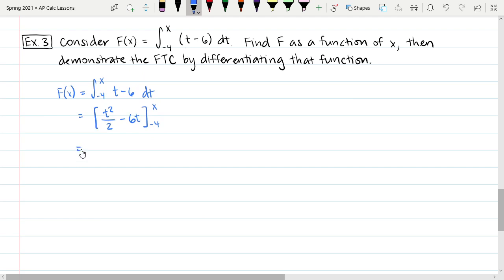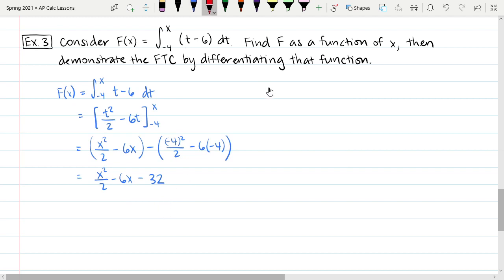Now if I substitute, that's going to become x squared over 2 minus 6x, and then minus, now I have -4 squared over 2 minus 6 times -4. That's x squared over 2 minus 6x minus, now this is going to be 16 divided by 2, which is 8, plus 24, so that's going to be 32. So that's my big F of x.